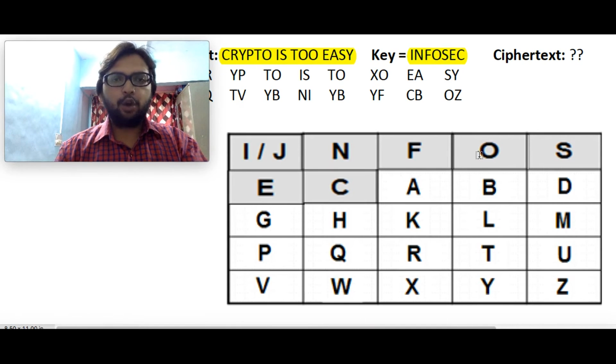After O we have P, Q, R. Then S is present in our key, so we are not going to write S. Then we have T, U, V, W, X, Y, Z.